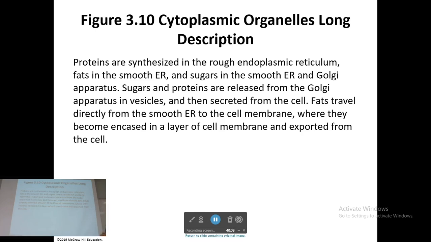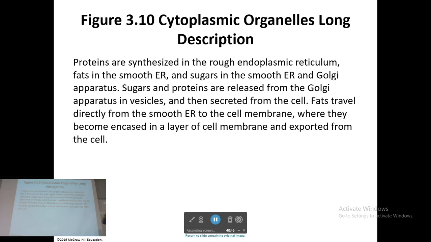Okay, cytoplasmic organelles, long description. Proteins are synthesized in the rough endoplasmic reticulum, right? The ribosomes that are attached to the rough ER are going to be synthesizing proteins. And the fats are made in the smooth ER, sugars in the smooth ER and the Golgi apparatus. Those products are going to be sent to the Golgi apparatus for packaging and modification.